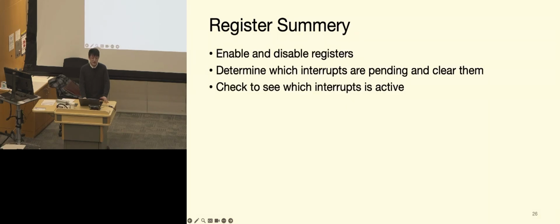Okay, so those are the basic registers that are going to be quite useful in a normal or simplified case of an interrupt call. Basically, enable and disable registers, and the pending and clear pending registers to determine which ones are pulled high, essentially, as well as the active register to check which interrupt is currently active.